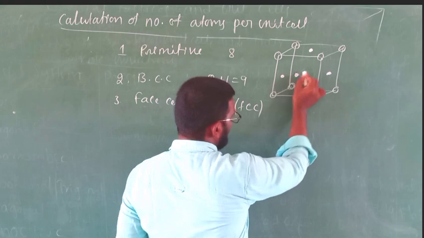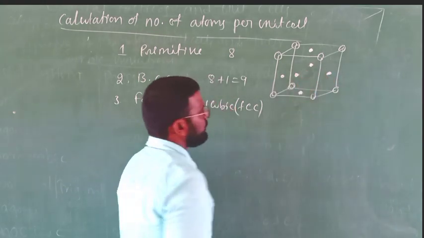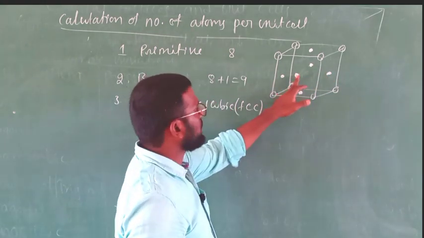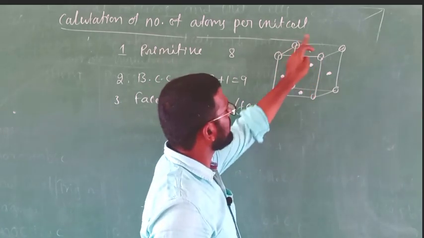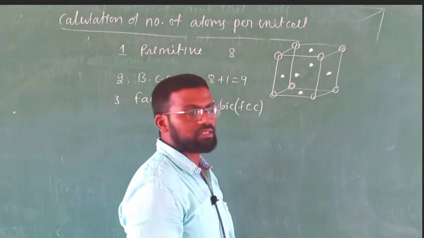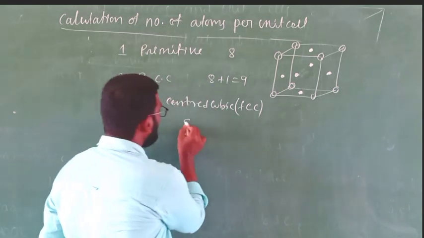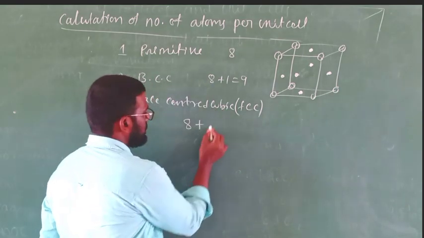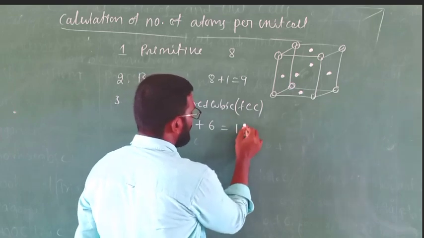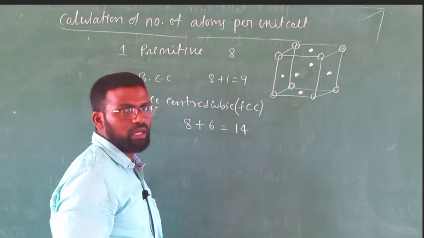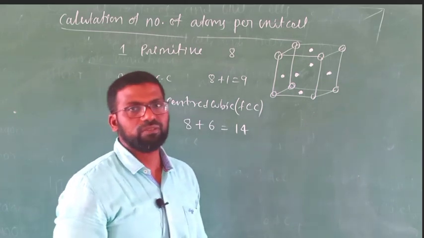Assume this is the particle present on the front face, this is the particle present on the back face. Total 8 particles at 8 corners and 6 particles at 6 faces. Total 14 particles will be present in FCC arrangement.